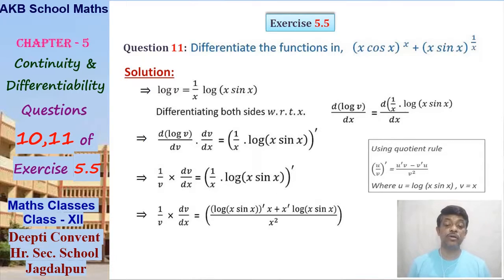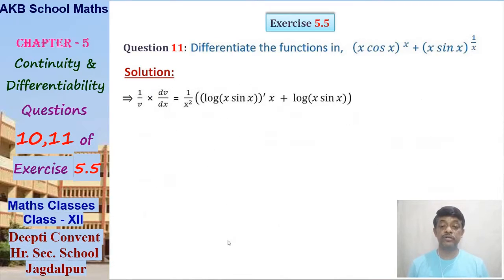x is v and log(x sin x) is u. Now v square is x square, and x as it is, times the derivative of log(x sin x), minus the derivative of x times log(x sin x). The derivative of x, dx by dx, means 1. So 1 times log(x sin x).